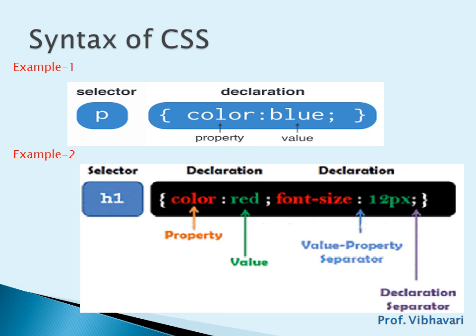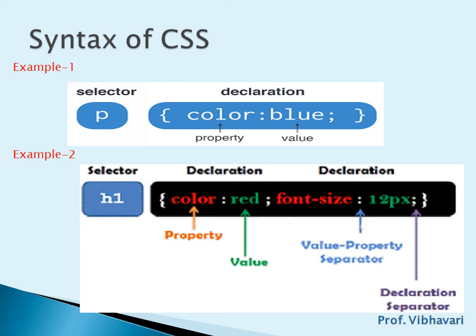For that, the property we again require to set its respective values. For example, I need to set the color of the text to red, and I need to set the font size equal to 12 px. The px stands for pixels.